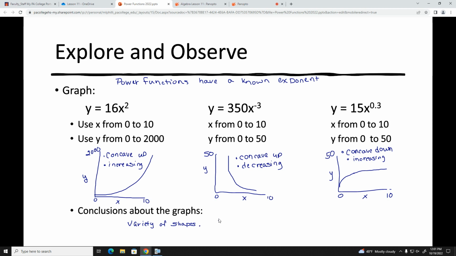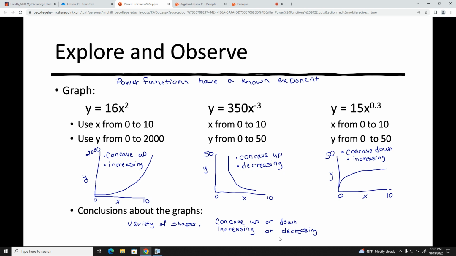Specifically, it could be concave up or down. It could be increasing or decreasing. And so because of this variety of shapes, it does not have an iconic shape.